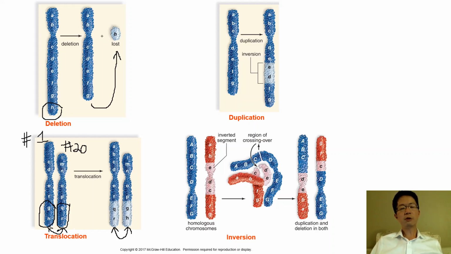If the genes move within the homologous pair, from chromosome 1 to chromosome 1, then we call it crossover, which occurs commonly in prophase 1. That is normal. But if the genes move across chromosomes, let's say from chromosome number 1 to chromosome number 20, they are different chromosomes, not a homologous pair. Then this is called chromosome mutation. We call it translocation.